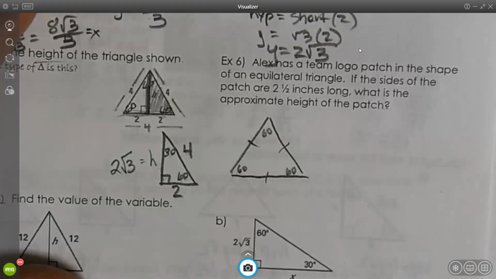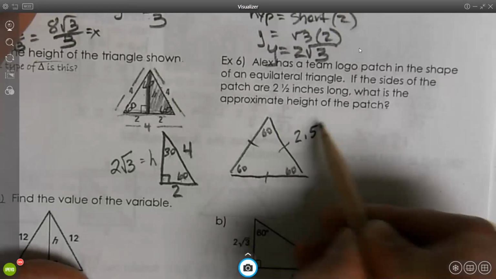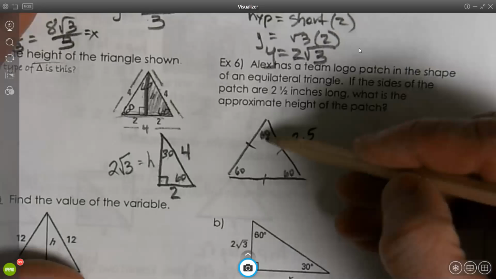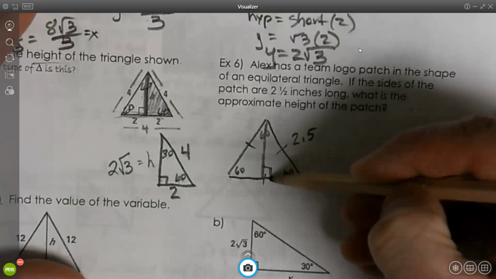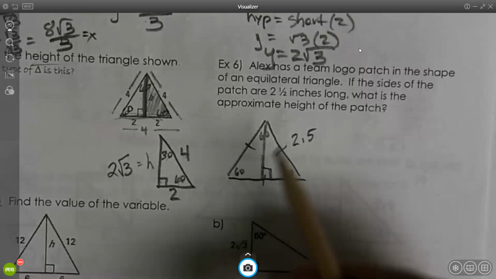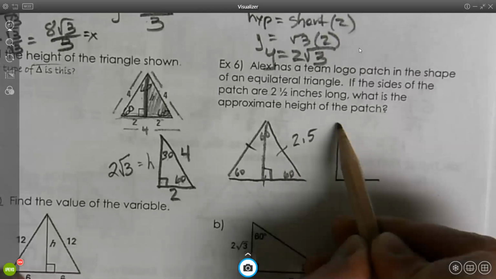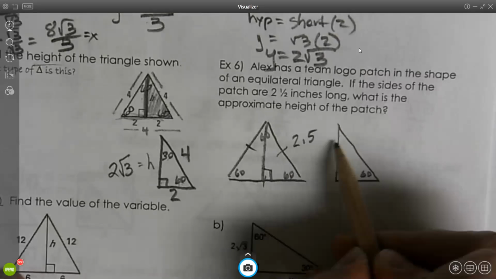If the sides are 2.5, so 2.5, what is the height of the patch? So the height of the patch, if this angle here is 60, and that's 90. This has to be 30.